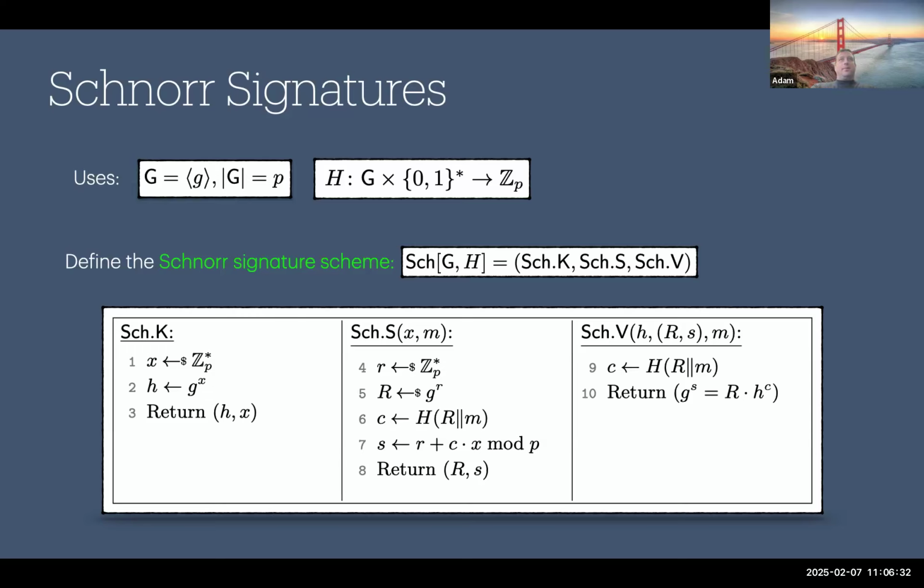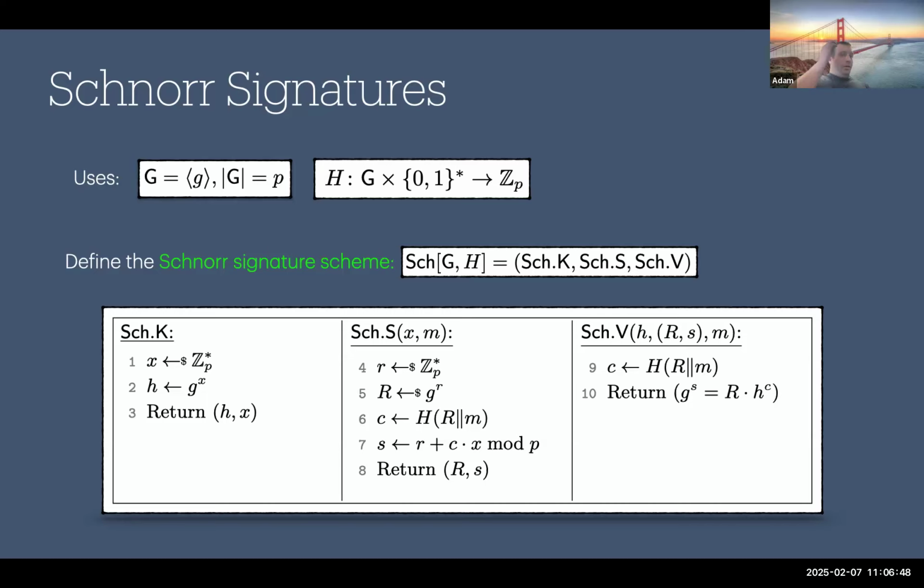So R is a commitment, c is the challenge, and c is computed as the hash of R and m. Then you compute s, which is equal to r plus c times x mod p.